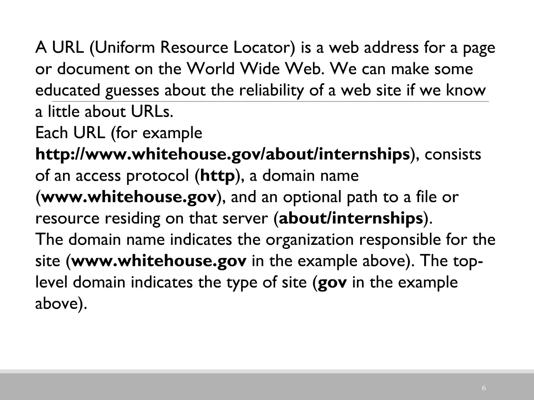A URL, Uniform Resource Locator, is a web address for a page or document on the World Wide Web. We can make some educated guesses about the reliability of a website if we know a little about URLs.